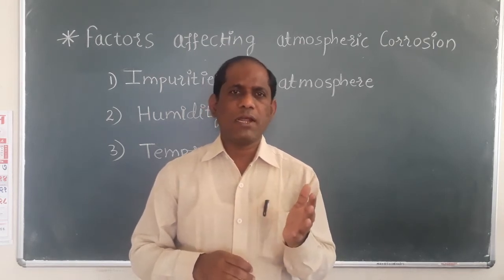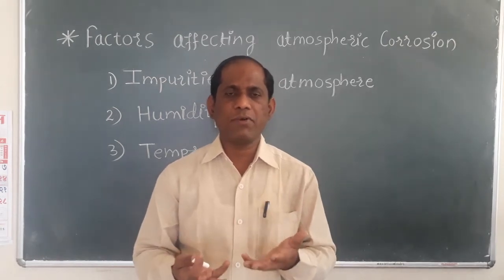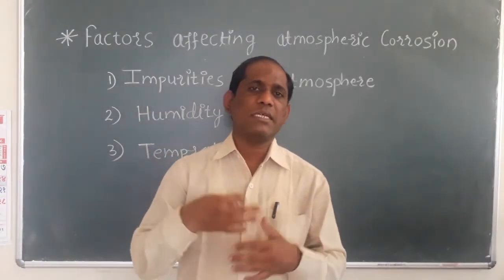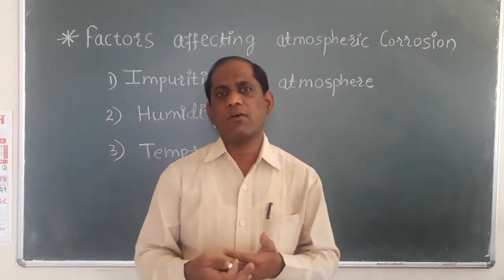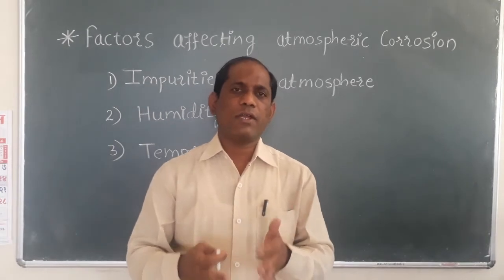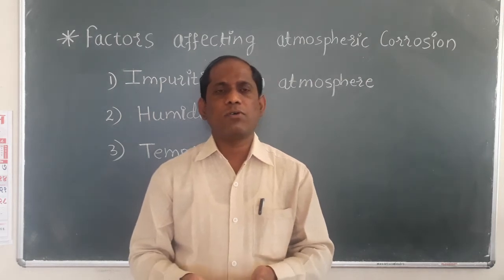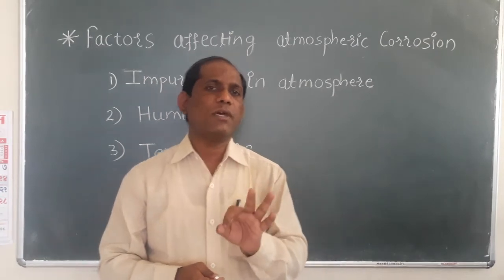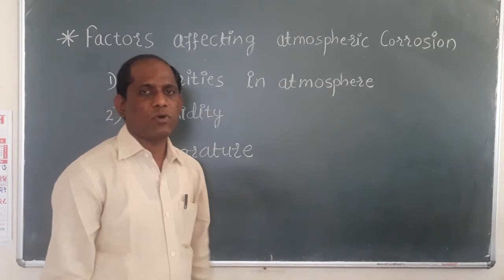There are many factors actually. For example, moisture, that is humidity, then temperature, and if pollutants are present in the atmosphere, the rate of corrosion, particularly atmospheric corrosion, will be greater. These are the factors that affect atmospheric corrosion, and that is what we study in this video lecture. Out of those many factors, we will study only three. Number one is impurities present in the atmosphere.